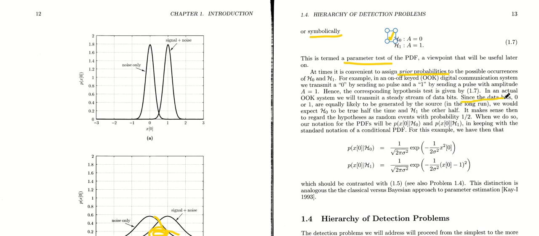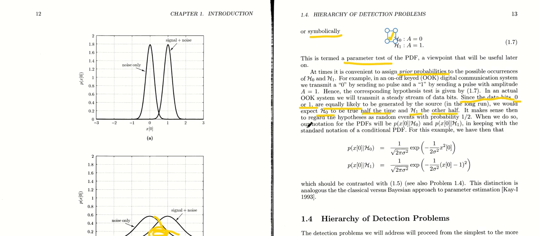So the data bits 0 and 1 are equally likely, meaning that the prior probabilities of 0 and 1 are 0.5, equally likely to be generated by the source. We would expect H0 to be true half the time, H1 the other half.